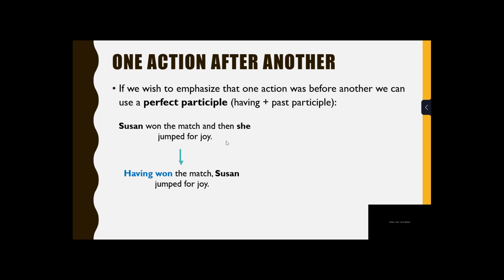For example, if they're giving the news, they use these structures because they don't focus on the subject, but maybe the action. So having won the match, Susan jumped for joy. They don't care much about Susan, but the fact that she won and that she was happy.